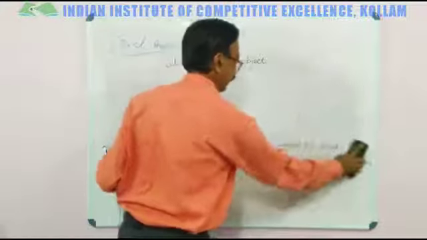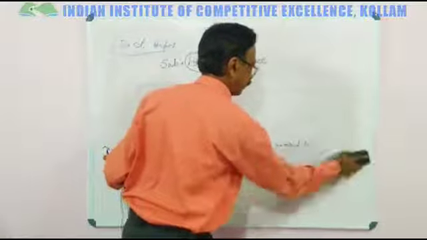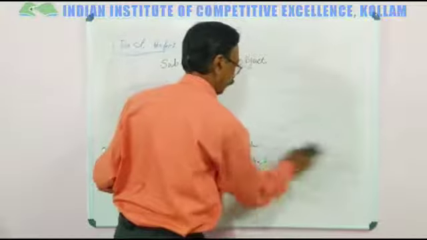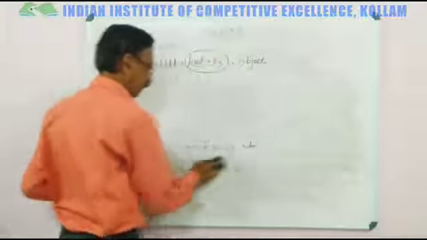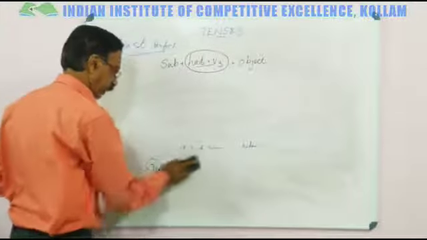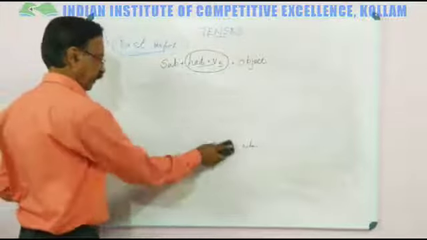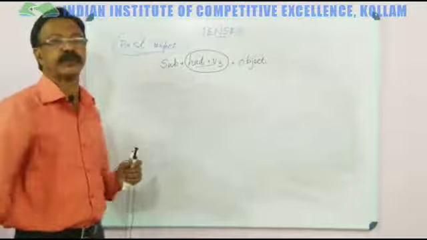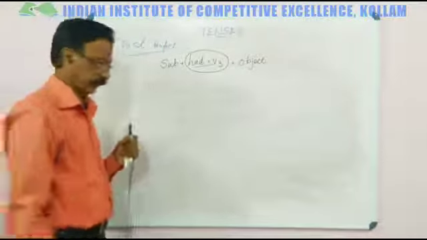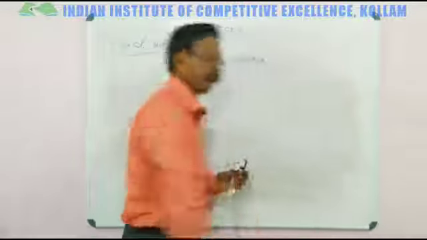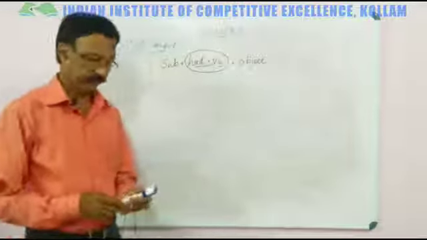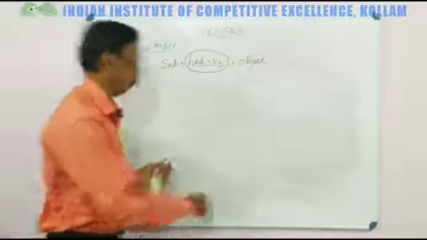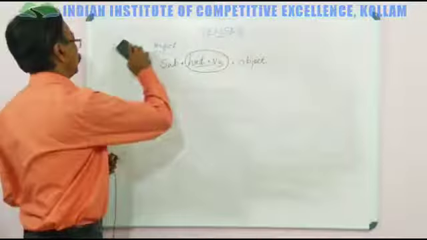Future perfect is to denote or describe an action which would be completed at a particular time in the future. A particular time in the future. That is future perfect.